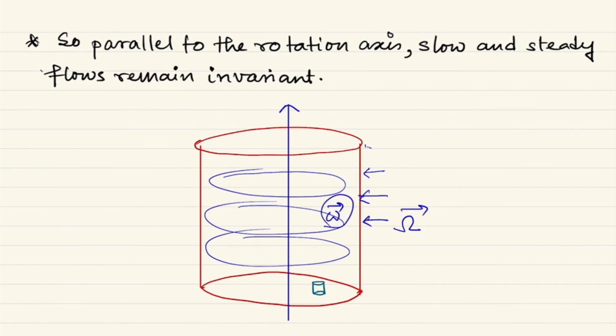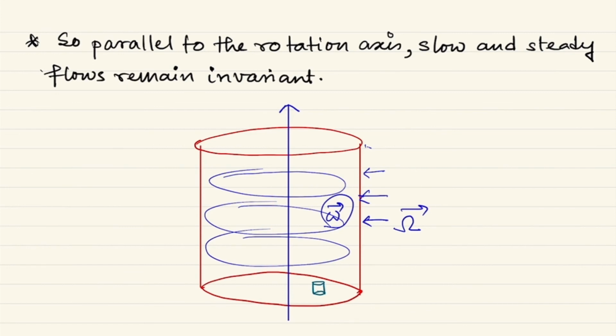So that's why we can easily use the Taylor-Proudman theorem. It says that parallel to this axis, the fluid flow nature will always be unchanged.